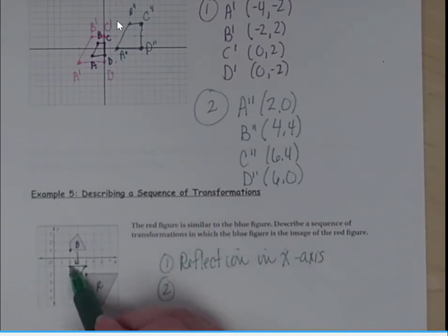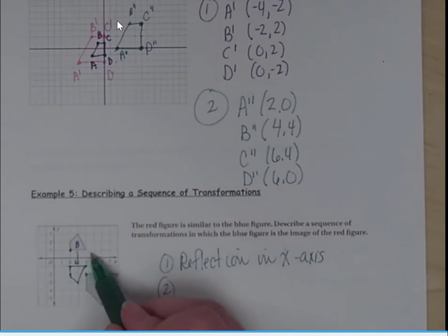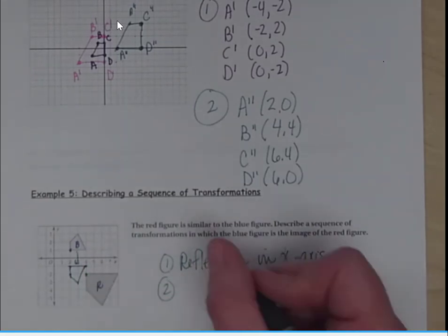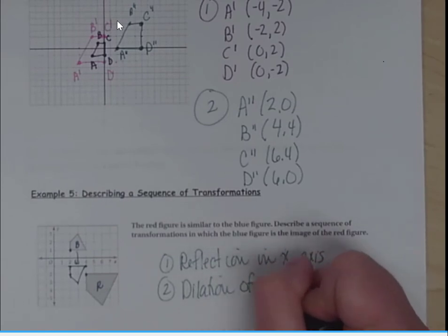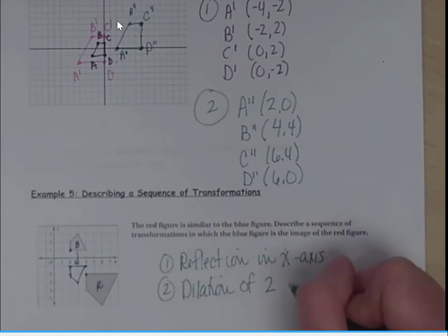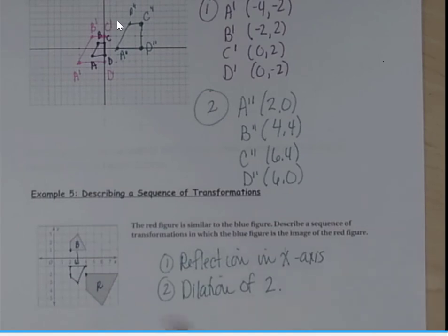So if I look here, this is 2, -1, this is 4, -2. So that is a dilation of 2. Now again, are there other options there? Absolutely there are. It's not the only way to get to those 2 different shapes.